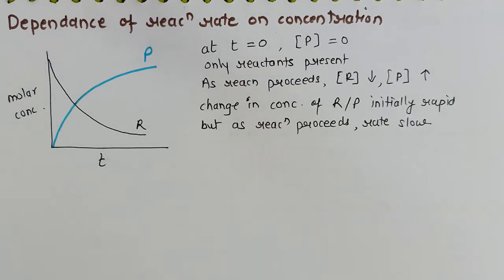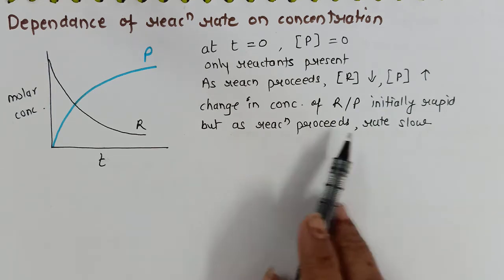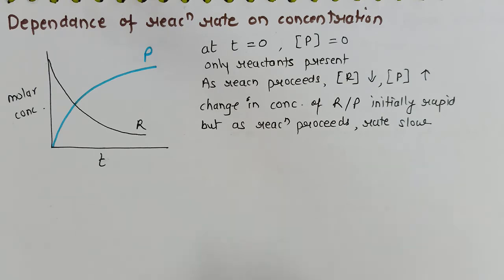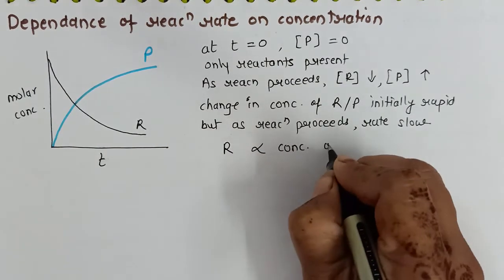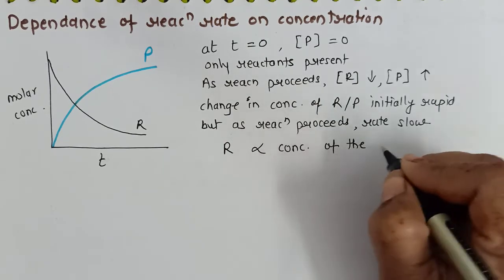Why does the rate become slow? Because the concentration of the reactant decreases. So from this observation, we can say that at the start of the reaction, the rate of reaction is very large and it decreases with passage of time. So we can say the rate of the reaction is directly proportional to the concentration of the reactant.